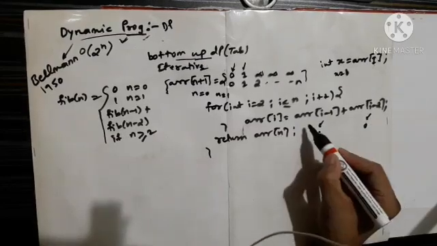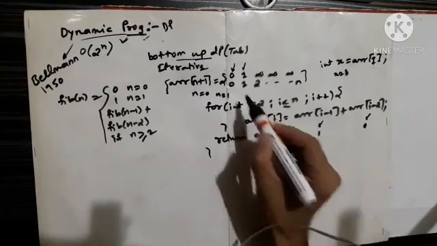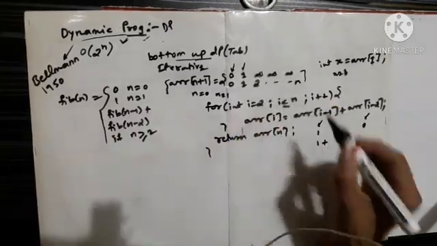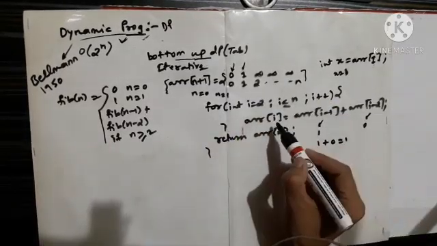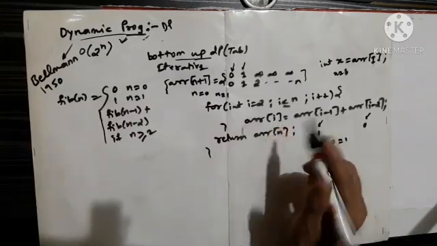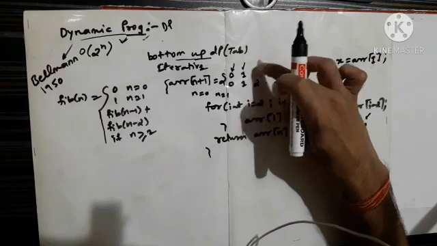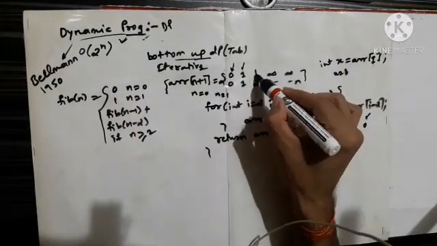It is 0. So what is the value of array at 1 index? It is 1. Plus array of 0th index, that is value 0. So array of i, here i is 2, will just be replaced with value 1.